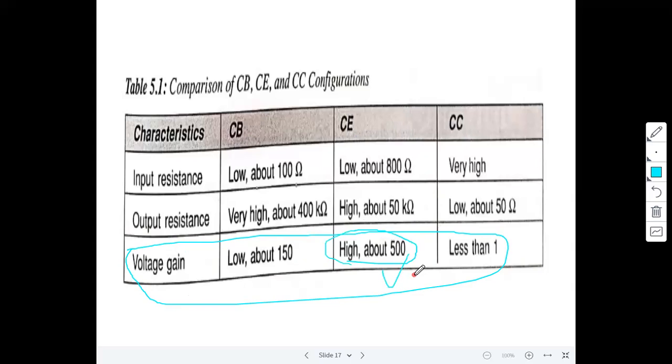Voltage gain around 500. CC configuration is not preferred because gain is less than 1. CB configuration does not have much gain. So people prefer CE configuration. Up to this class, you can take this point: the voltage gain is very, very high compared to the remaining two configurations. That's why people prefer CE configuration.